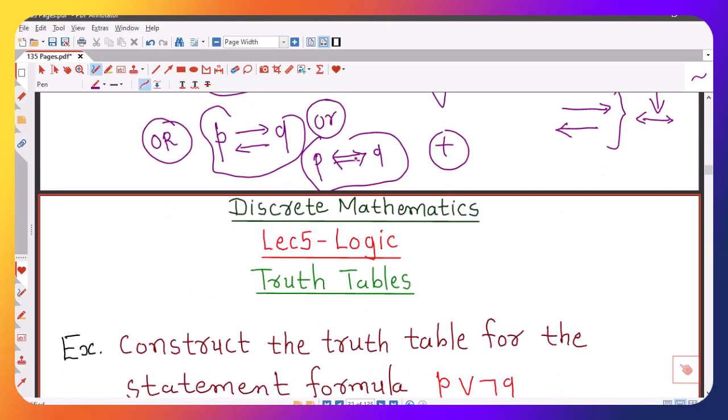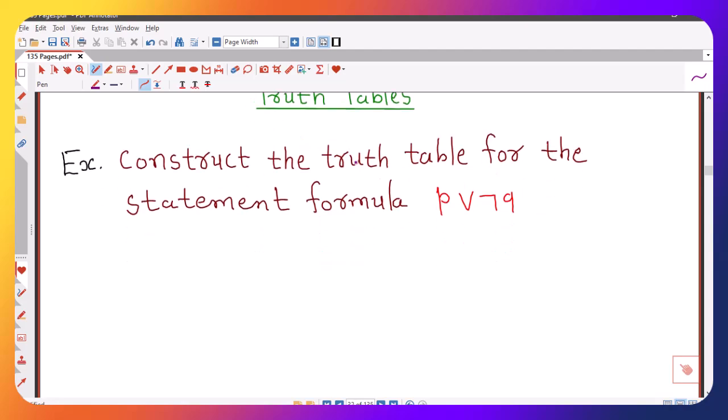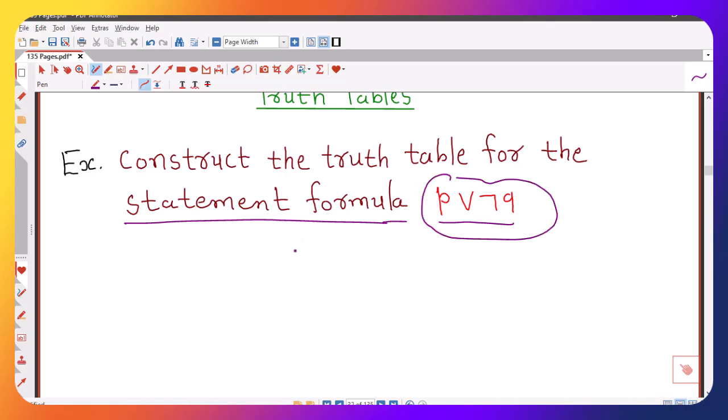So with this in mind, we try to construct the truth table for the statement formula P or negation of Q. We know that if we are not given a particular statement and if we are using only variables, then that formula is called a statement formula.